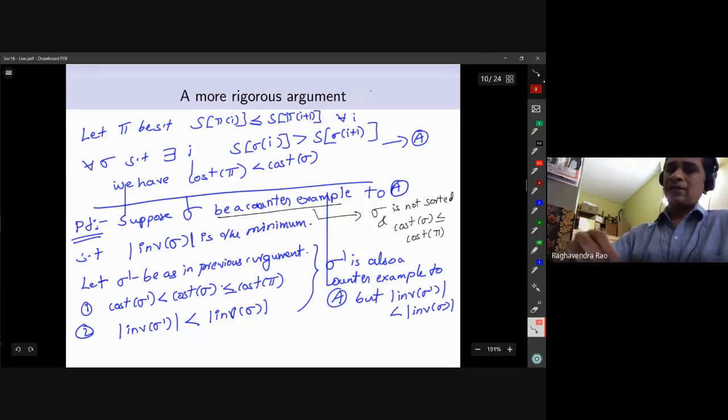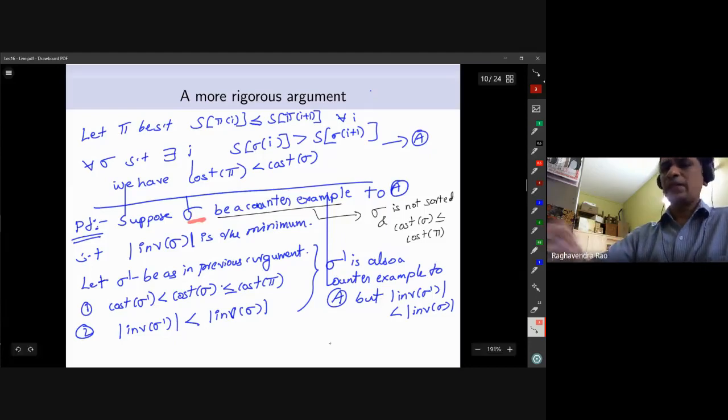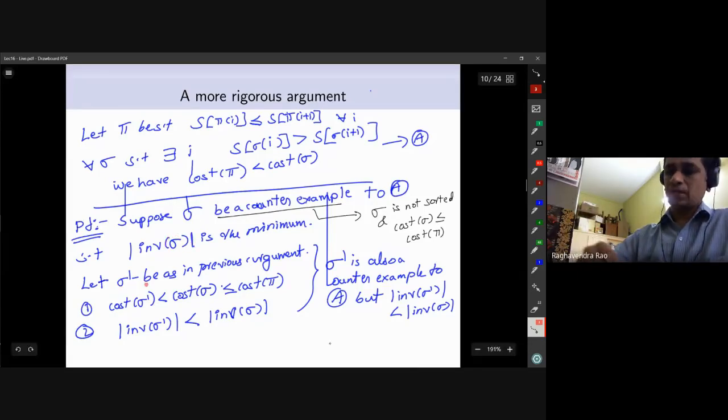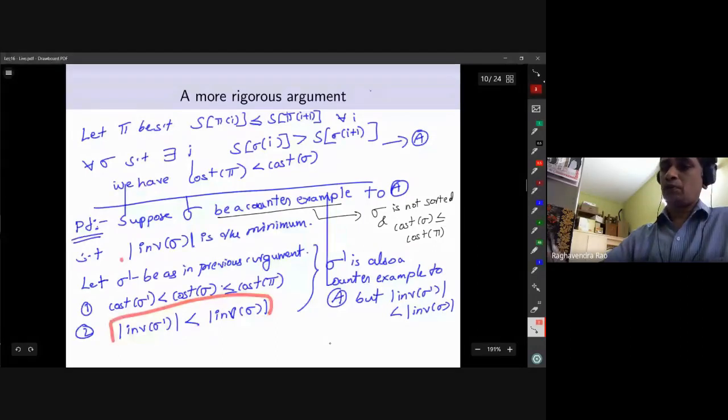So our assumption that there is a counterexample must be at fault, because if there was a counterexample, there is one with the minimum number of inversions. That is what we chose sigma as. However, with the previous argument, we got a sigma prime which is also a counterexample but has a smaller number of inversions, violating the minimality of sigma.